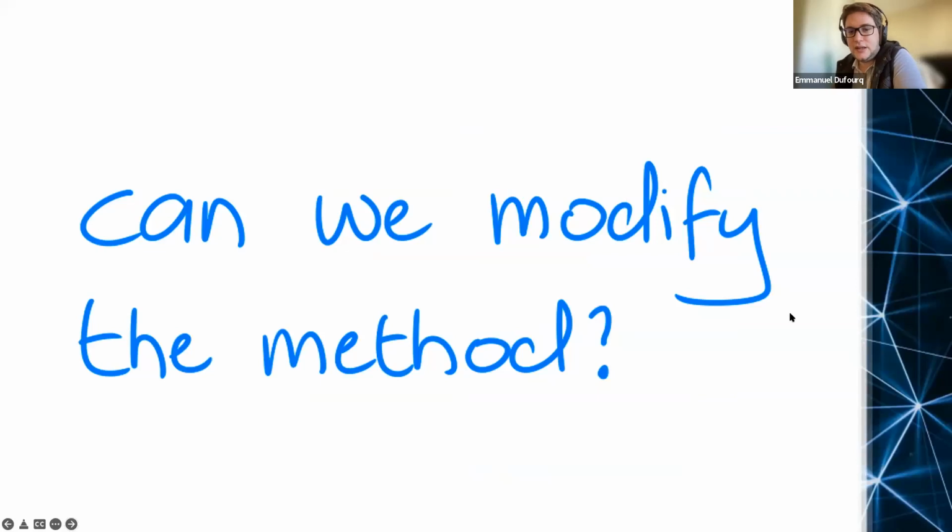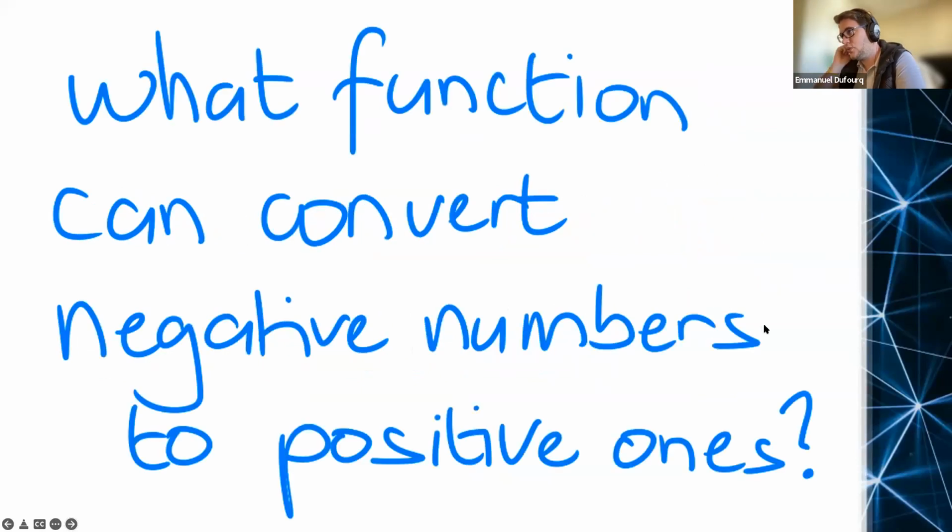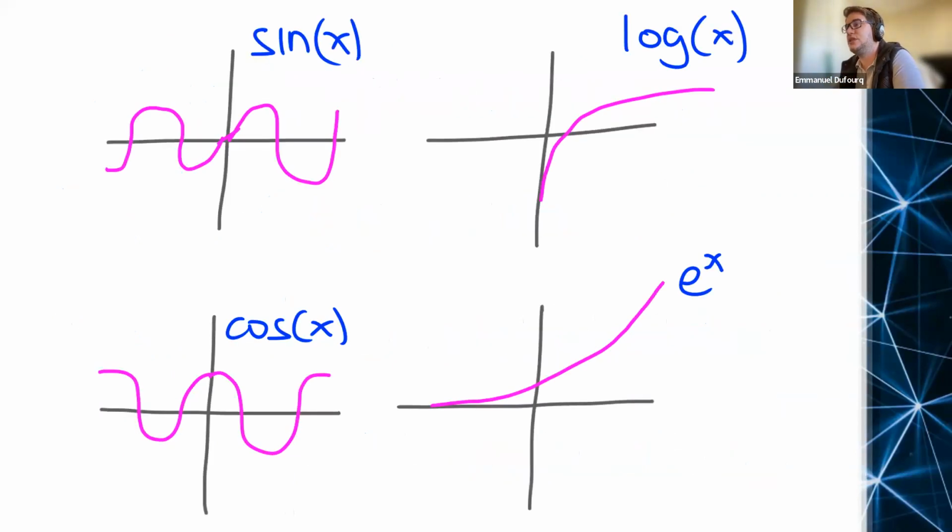So how can we modify the method to get rid of this negative value? What function can we use to convert negative values to positive values? There are many functions that exist, but taking the exponential will result in positive values.